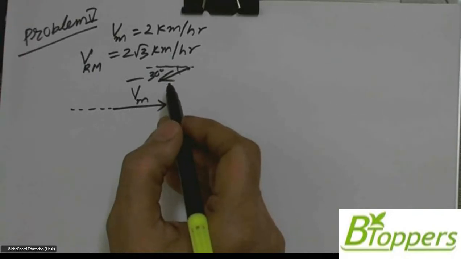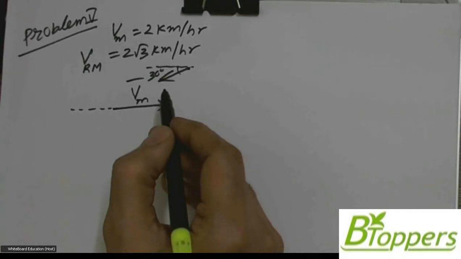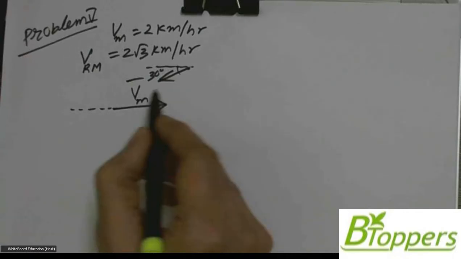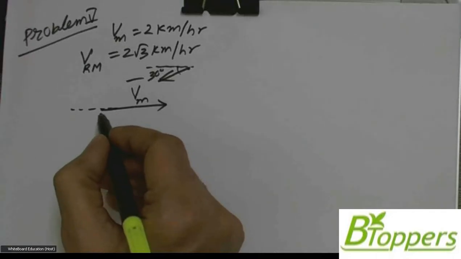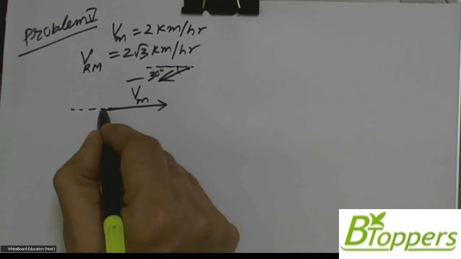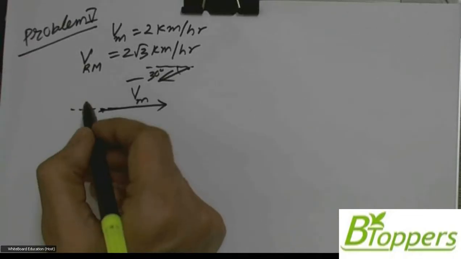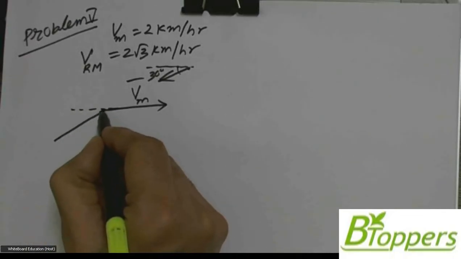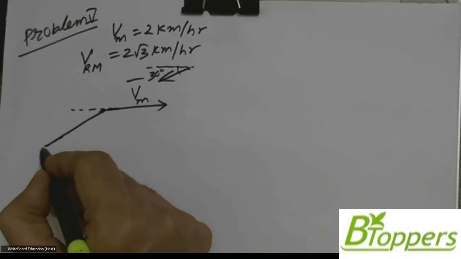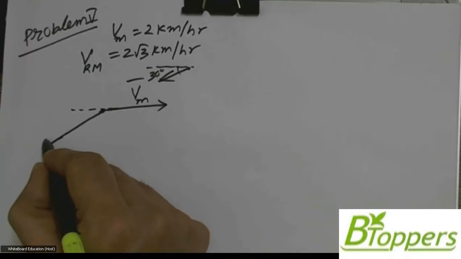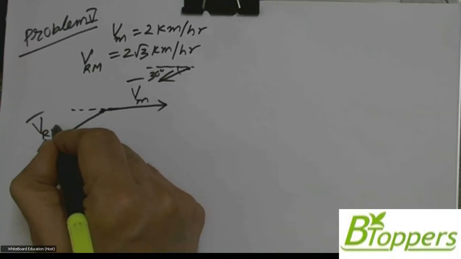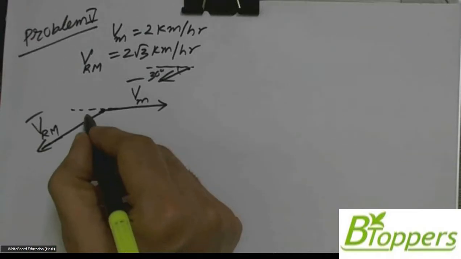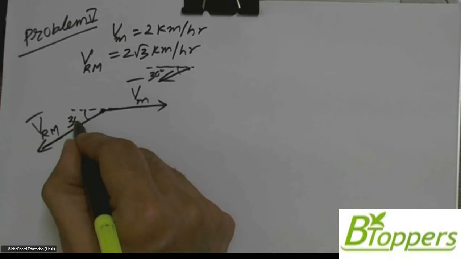To know the angle between two vectors by the graphical method, the two vectors must be drawn from the same point, tail to tail. So I show the relative velocity of the raindrops with respect to the man this way. This angle is 30 degrees.